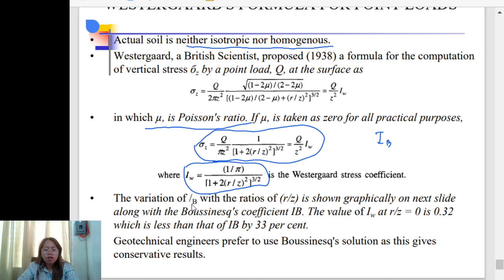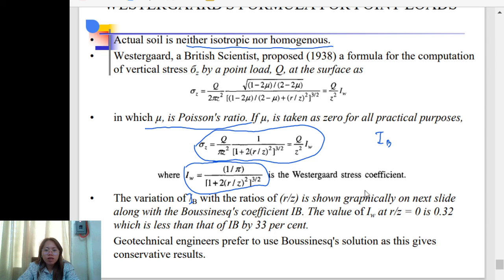The variation of I sub B, or the Boussinesq coefficient, with the ratio R over Z is shown graphically on the next slide along with the Westergaard coefficient.